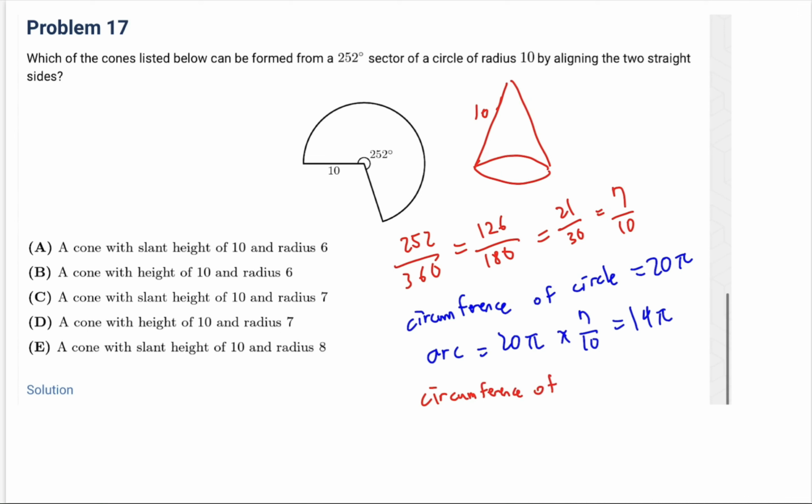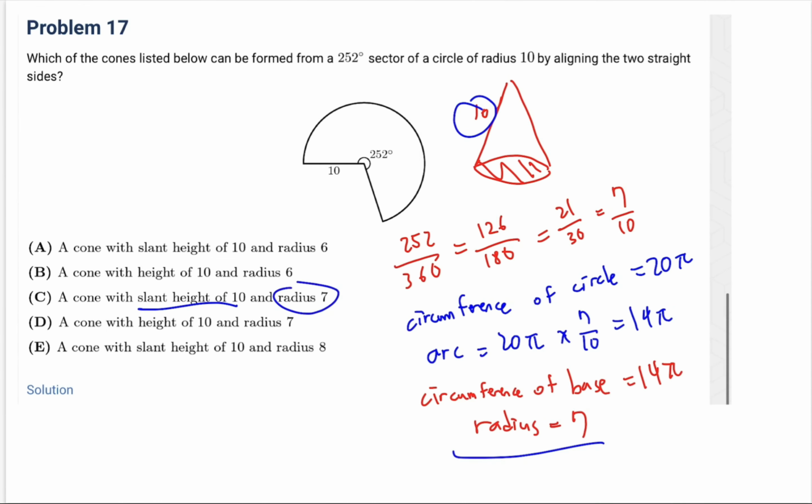So the circumference of the base of the cone, right here, should be the same as this arc, so it's 14 pi, and so the radius is 7. The slant height is 10 and the radius is 7, so a cone with slant height of 10 and radius 7, it is C.